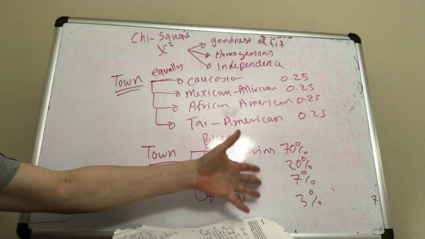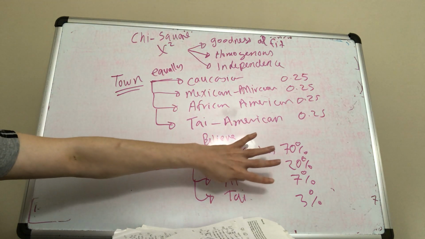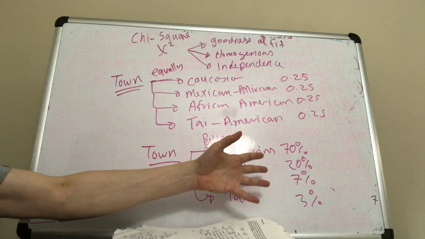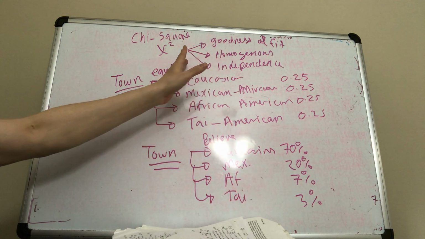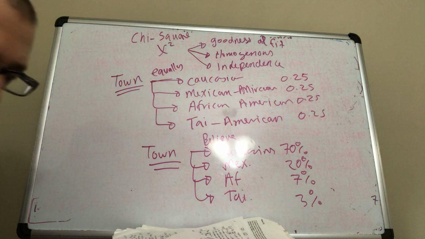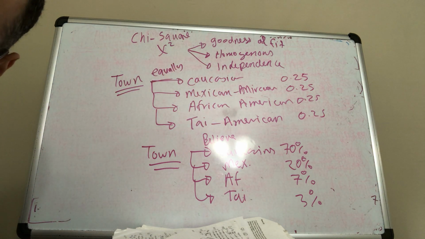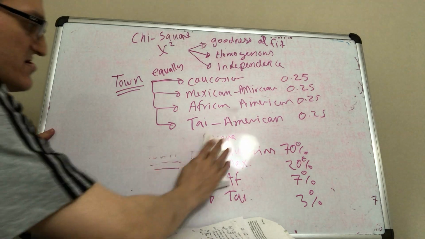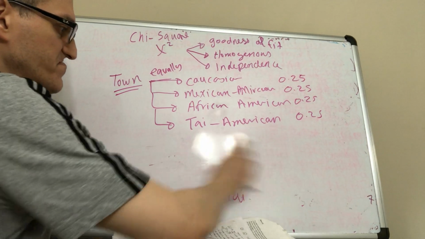So they could give you in the goodness of fit the four groups with certain percentages. In this question, they tell you equally likely, so you could assume 25, 25, 25. Okay. So I'm going to erase this to continue the question.